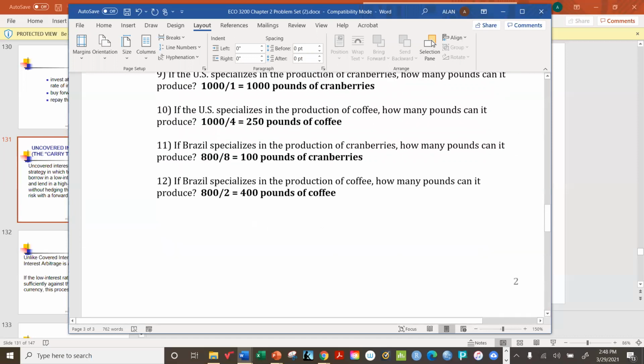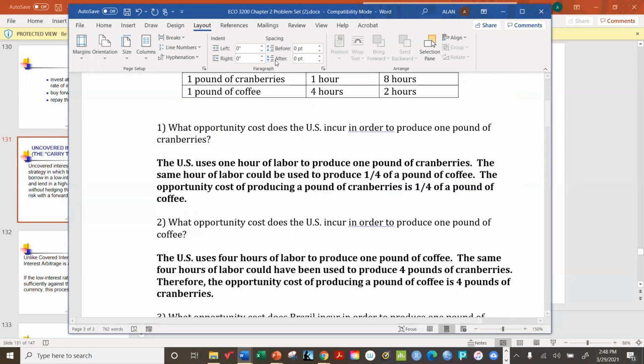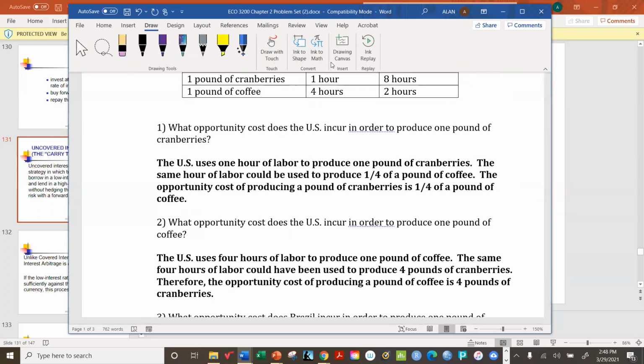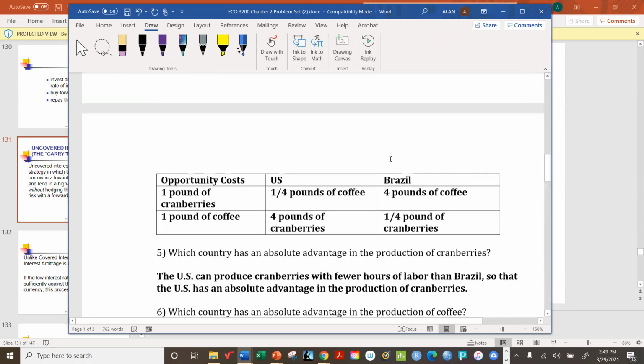And then for Brazil, they'll make 50 pounds of cranberries and 200 pounds of coffee.